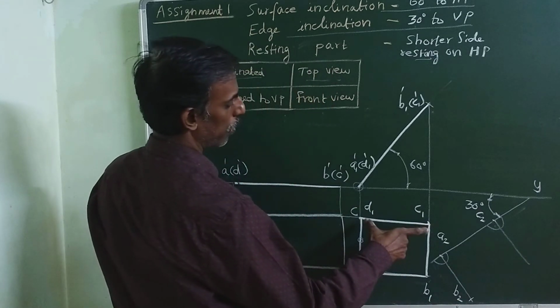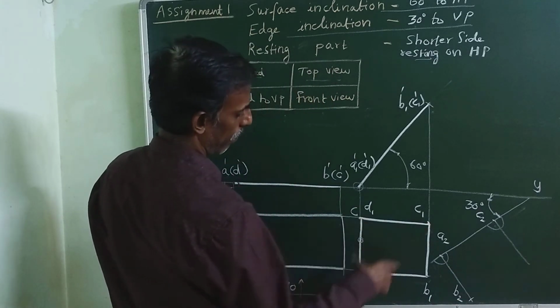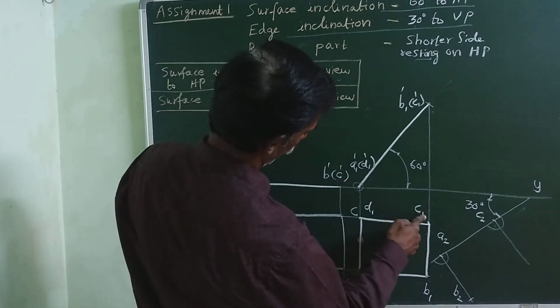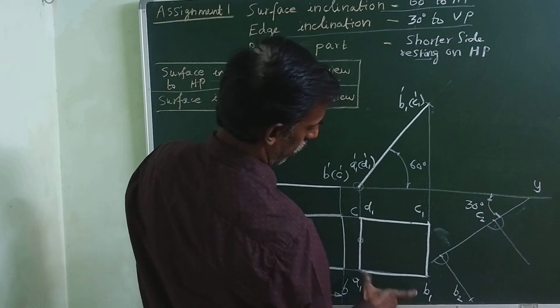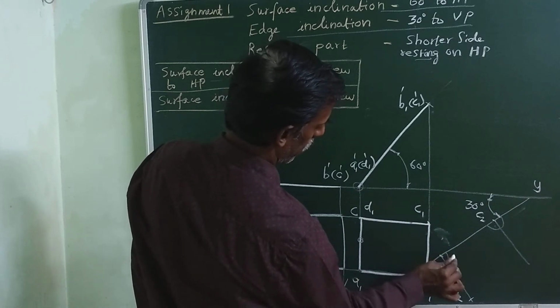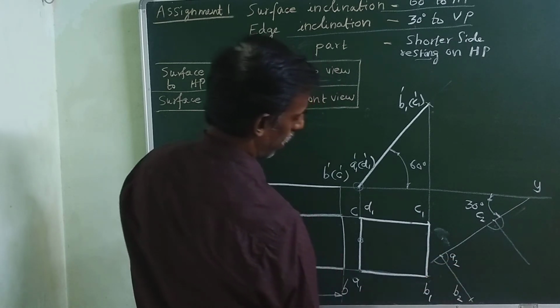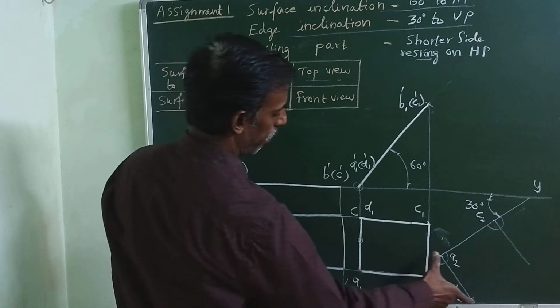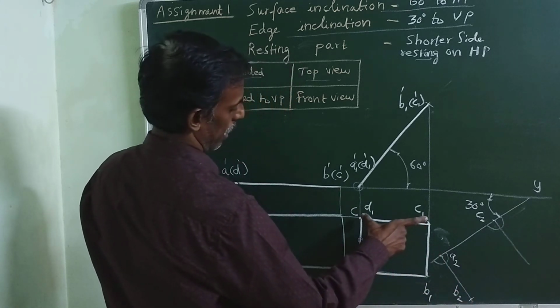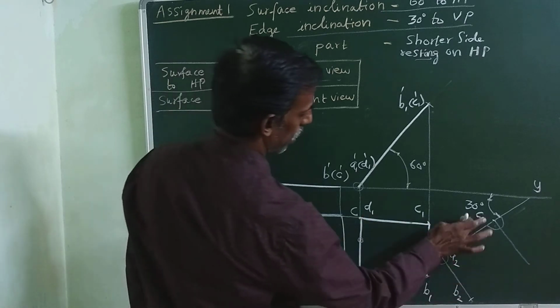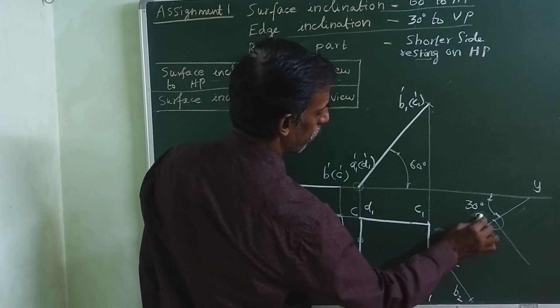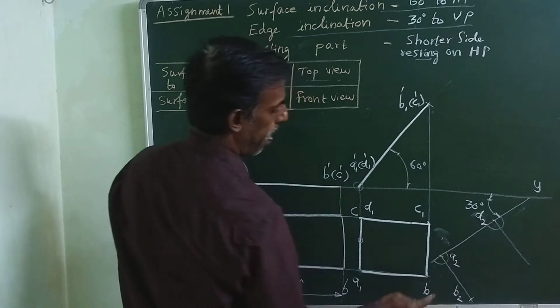Similarly C2, this is A, corner point A. So measure A, B and transfer. Then measure DC. It's not this, D2.